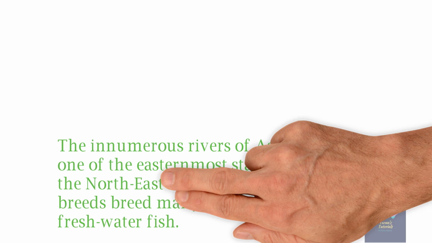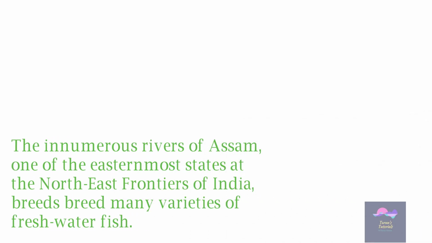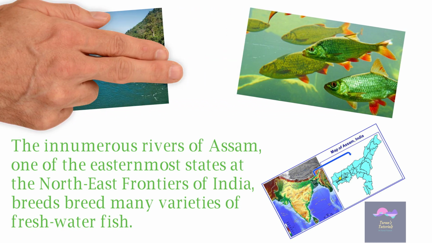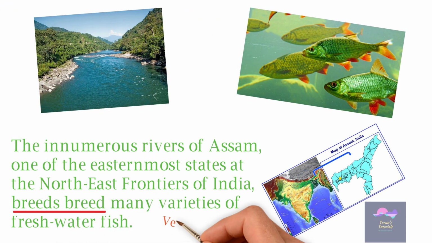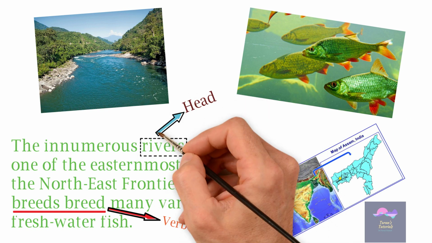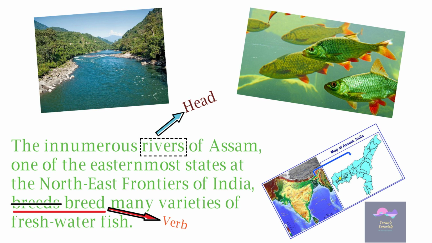In this sentence, which verb form, breeds or breed, is correct? The head of the compound noun phrase is the plural noun rivers. So the correct verb form will be breed, which agrees with the plural head of the noun phrase.